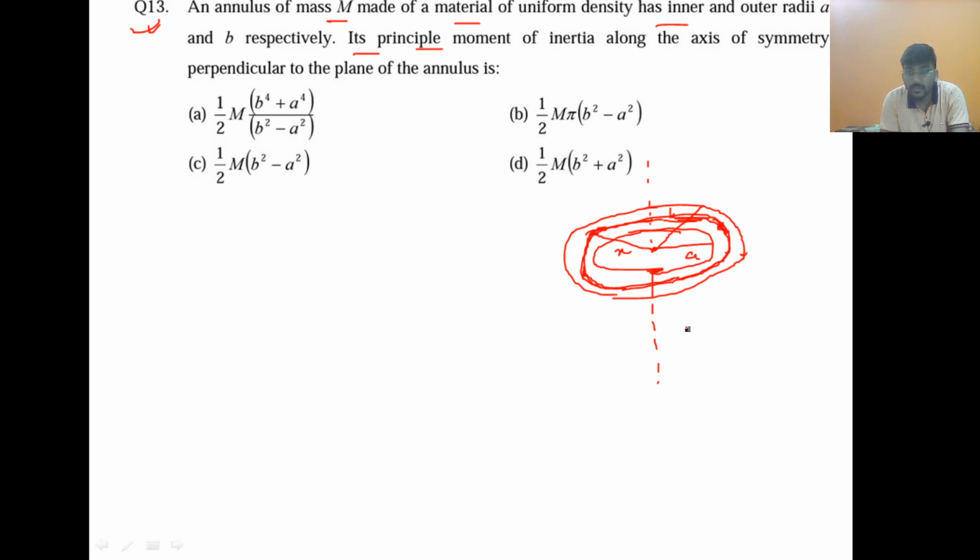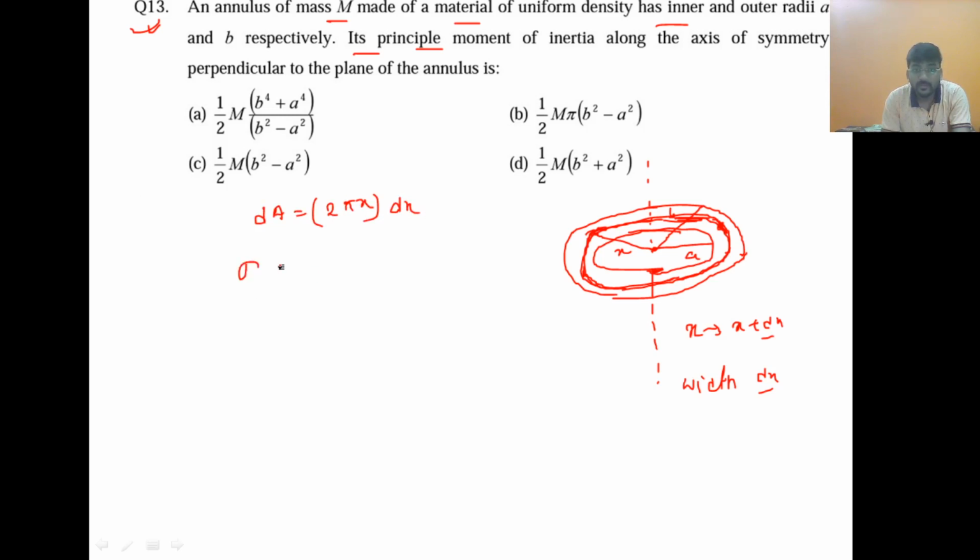So this ring is between x and x plus dx. So width is dx. So what will be the area covered by this ring? That we can write as dA. That will be 2 pi x dx.